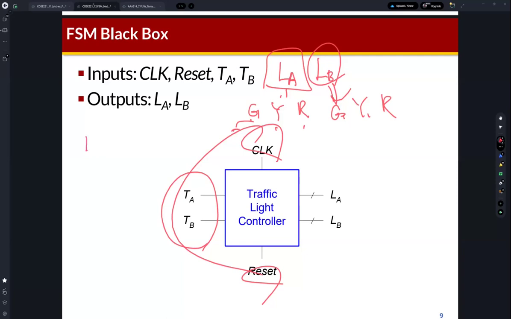If LA is green, the horizontal road is green, then LB needs to be red, right? And when traffic on the vertical road is detected, we need to change the traffic light.